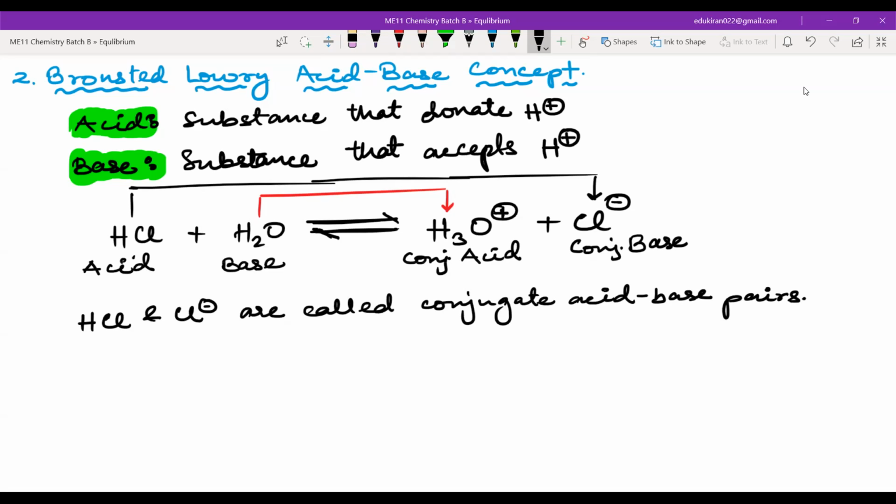Similarly, H3O plus and H2O are called conjugate acid base pairs. So in one reaction, you will have two acids and two bases. One acid and one base will be in the reactants. The other acid and the other base will be in the products. So you will have to identify the conjugate acid base pairs.